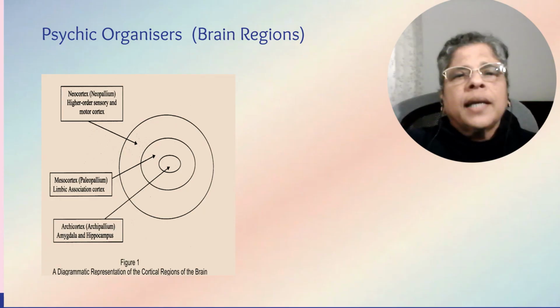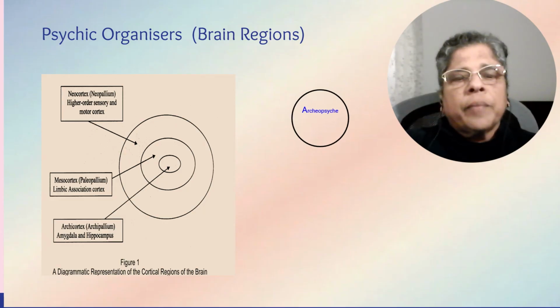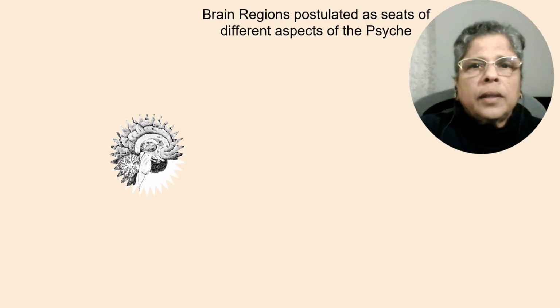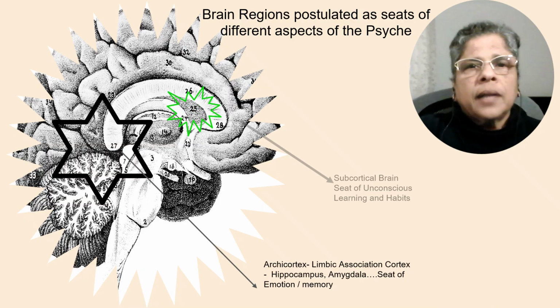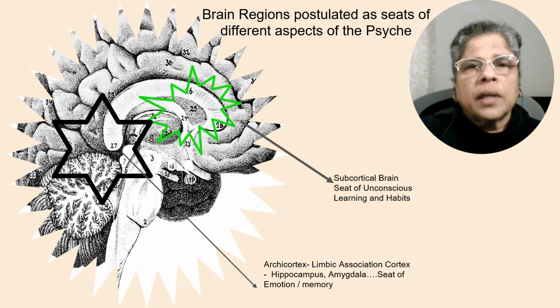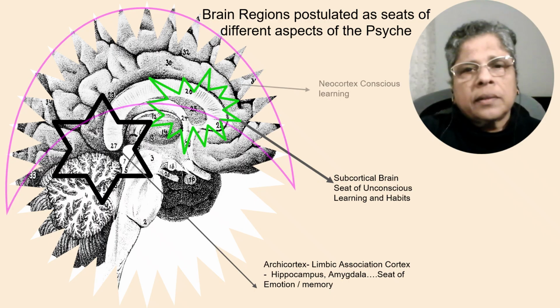So this is a diagrammatic picture showing that it is not exactly the brain. We'll see the exact brain later. And these three circles represent the three different parts of the brain. So in this picture, we are seeing the exact regions of the brain where the archicortex, the mesocortex and the neocortex are labeled.